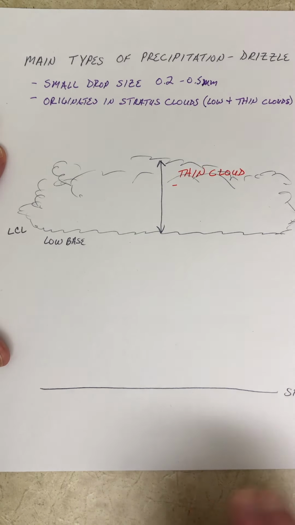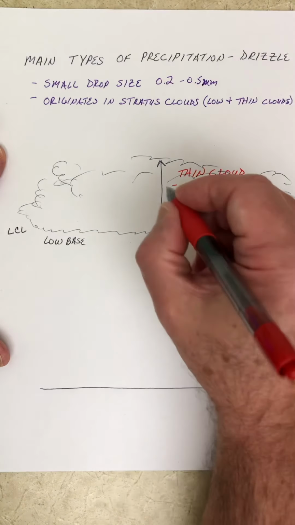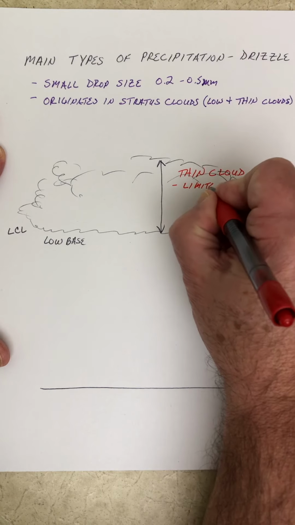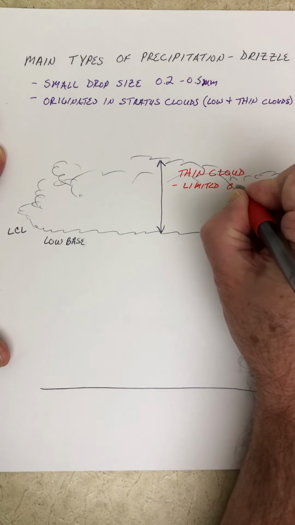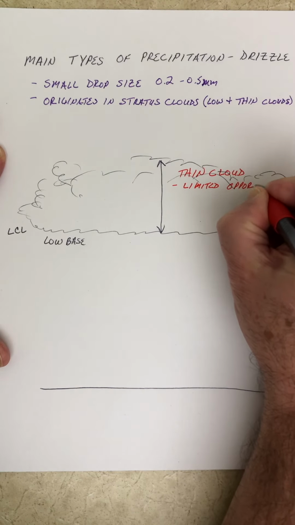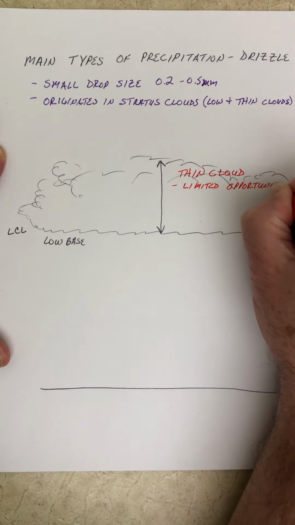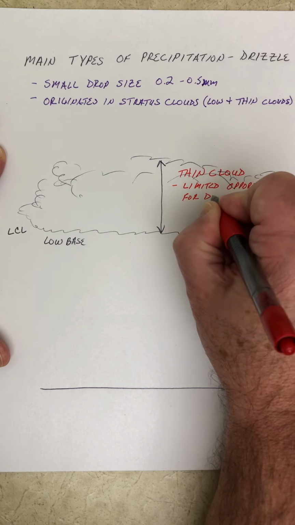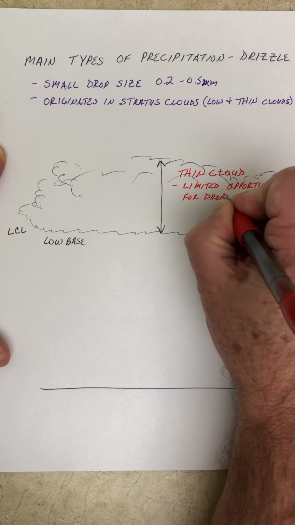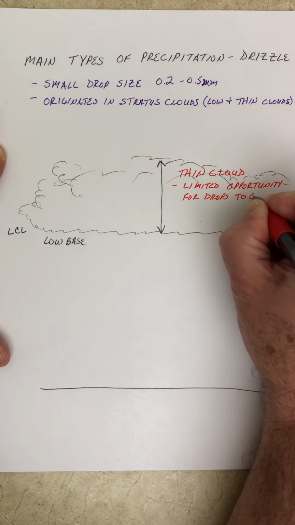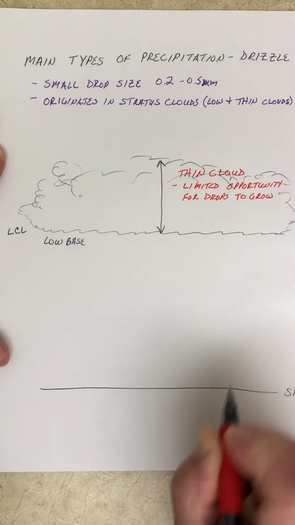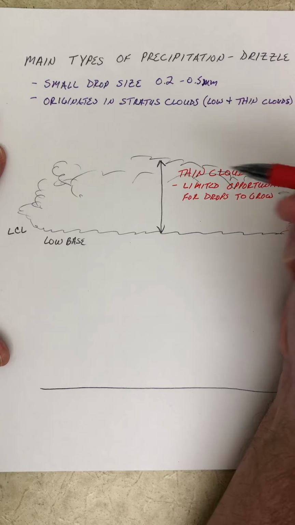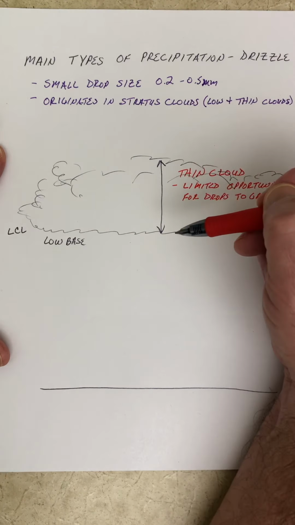And so with a thin cloud, there is very limited opportunity for drops to grow. Okay, and there's limited opportunity for drops to grow because the cloud is so thin.